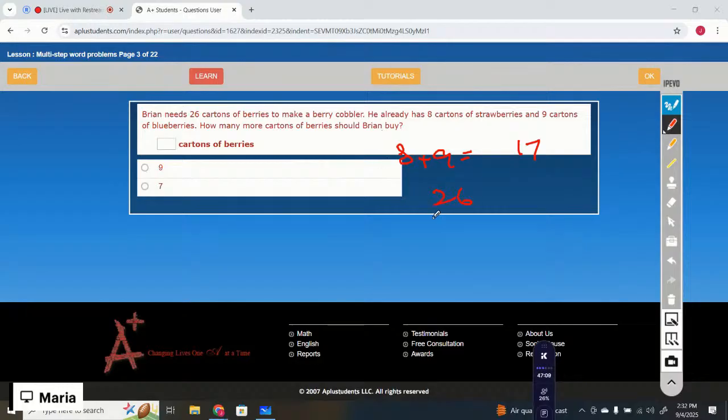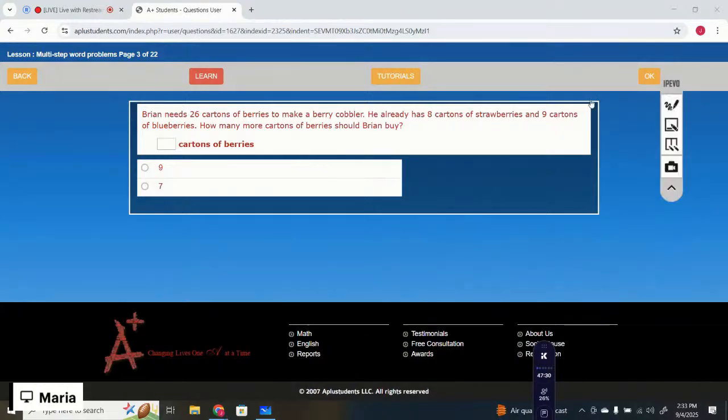So 26 minus 17. So we have 16. 16 take away 7 is 9. That means he still needs 9 more cartons to buy. The correct option is 9. Option number 1 is the correct option.